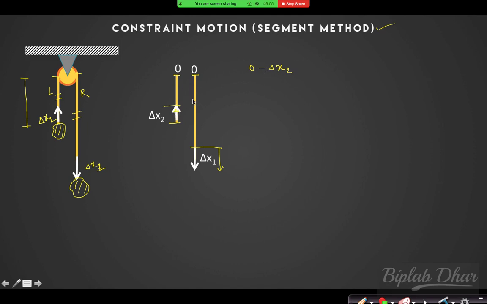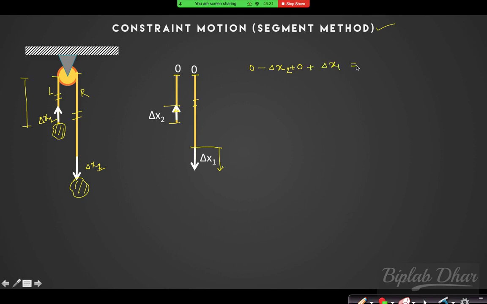For the right segment of the string, the upper portion is 0. What about the lower point? It's expanding, it's increasing the length. Whenever the displacement or velocity is going away, increasing the length, I will take a positive sign for that.